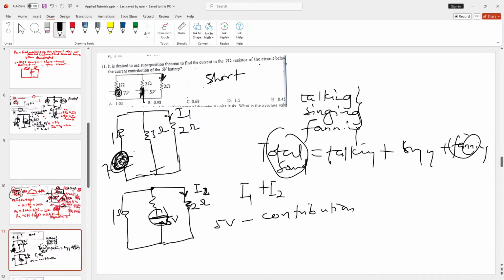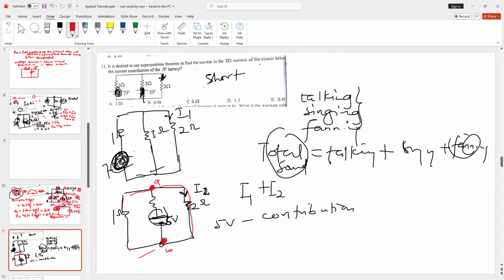Current division is used when 2 resistors are connected in parallel and they are sharing the same current. Now, this one here is connected in parallel with this 2 here, because once again, they are both connected to the same 2 nodes, A, B. And if somebody should traverse this path, the person will go and come back without meeting any other element.